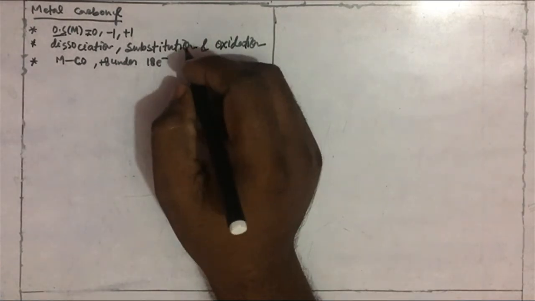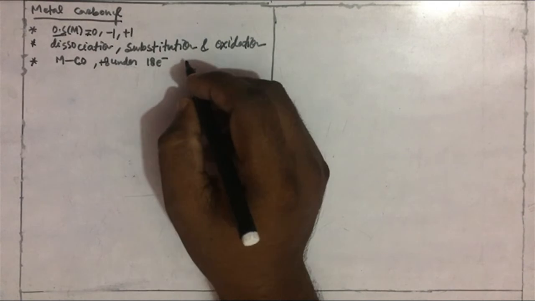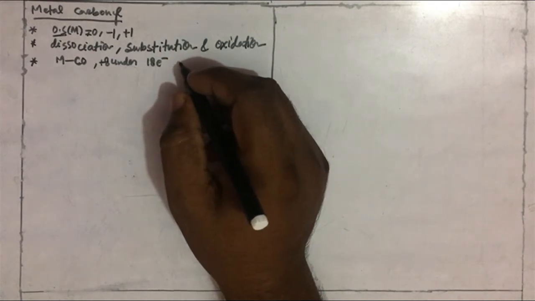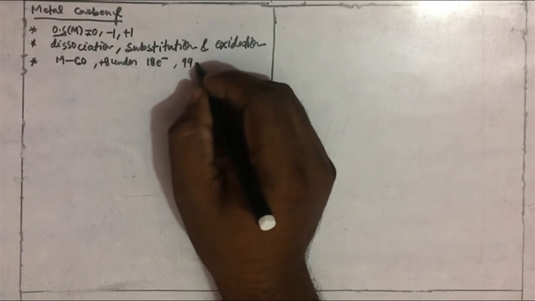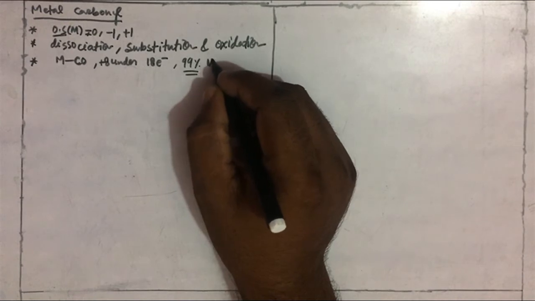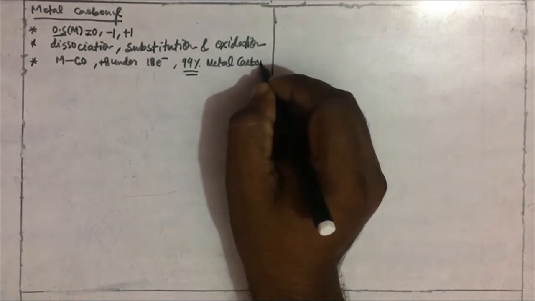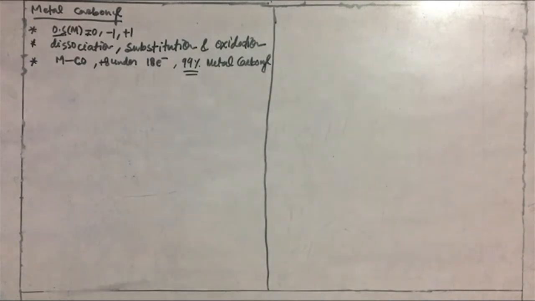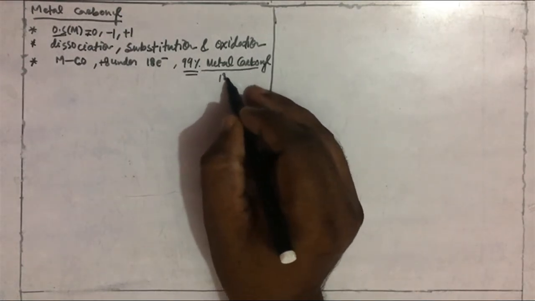Almost 99% of metal carbonyls follow the 18 electron rule.